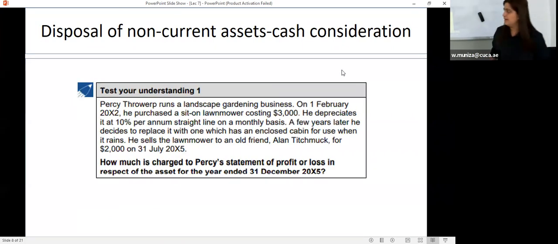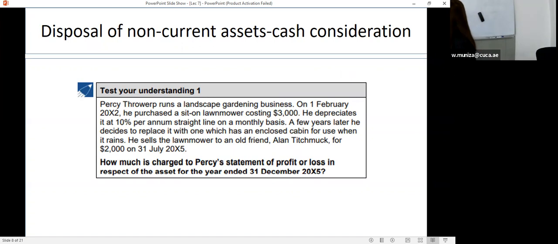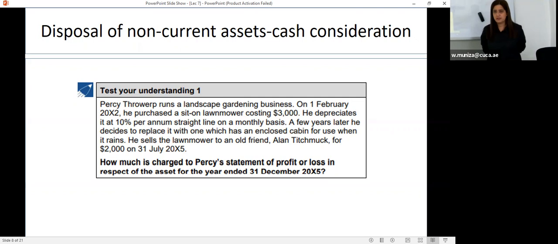Now, students, understanding number 1 is there. How much is charged to the statement of profit or loss in respect of the asset for the year ended 31st December 2005? Students, can you do this question? In statement of profit or loss regarding asset, which things are going to go?